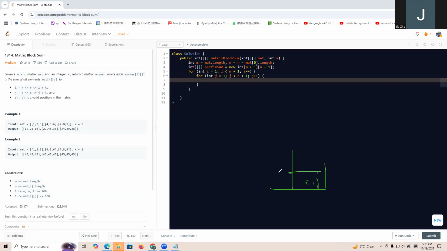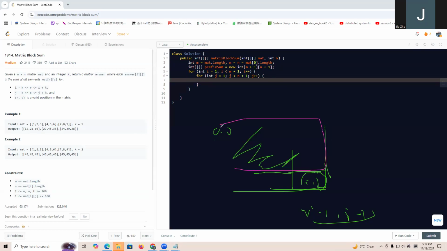This prefix sum i j means the sum from 0 to matrix i minus 1, j minus 1, right? So this area. The prefix sum is this part, add this part, and then minus this part.